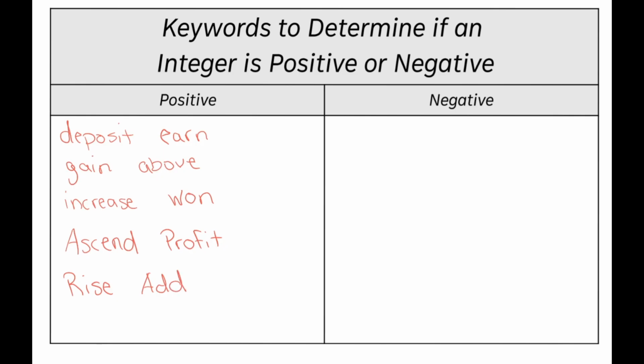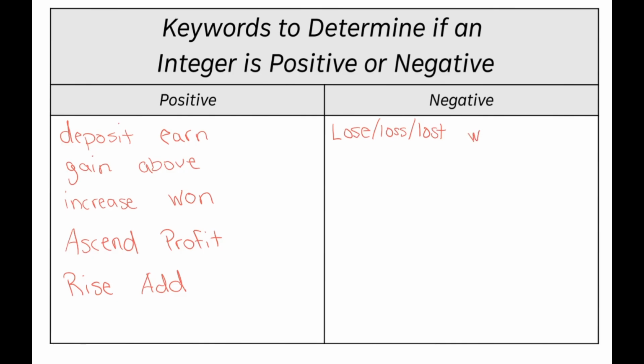When you add, that is going into the positive direction, positive situation. Now let's talk about some keywords for negative. So if you lose, or if you have a loss, or if you've lost, this is a negative situation.